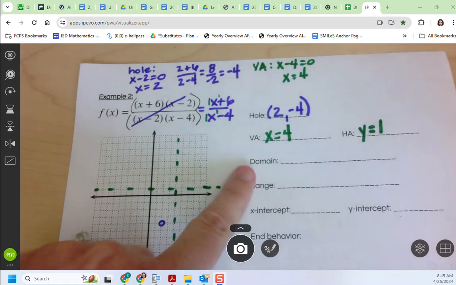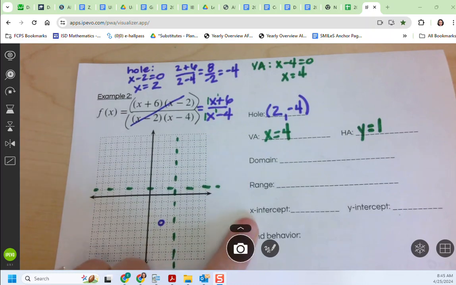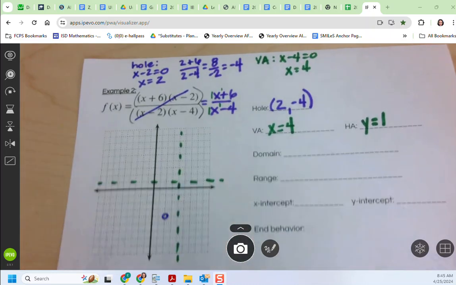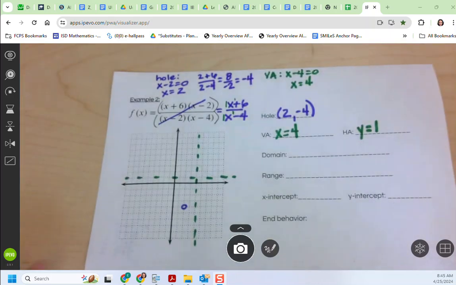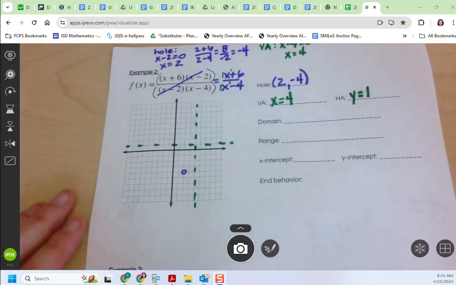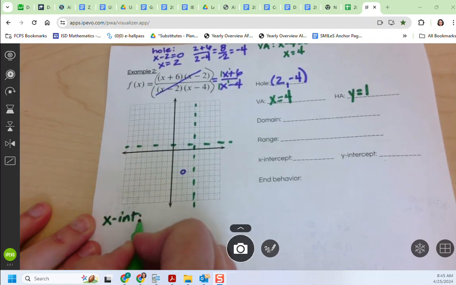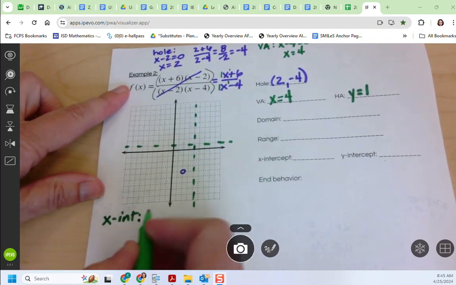I'm going to skip over domain and range and do those last. Let's do our intercepts. So we need to use some space for these intercepts. I'm going to use a space below the graph. All right. To find your x-intercept, you make y 0. So here's my y.